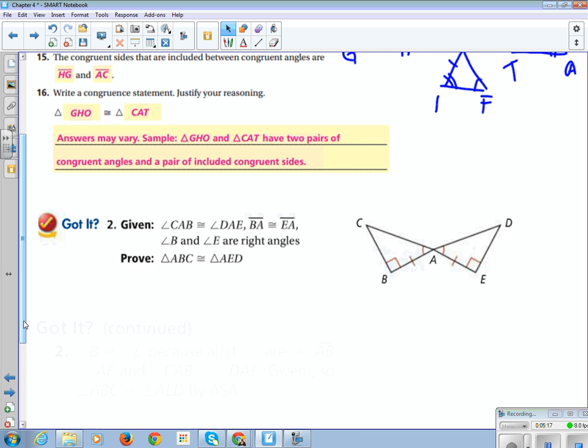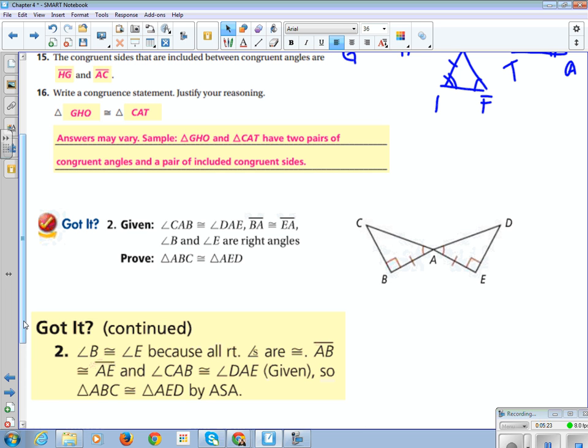So what we say is that angle B is congruent to angle E because all right angles are congruent. Side AB is congruent to side AE, and angle CAB is congruent to angle DAE. That information was given. So triangle ABC is congruent to triangle AED because of angle, side, angle.